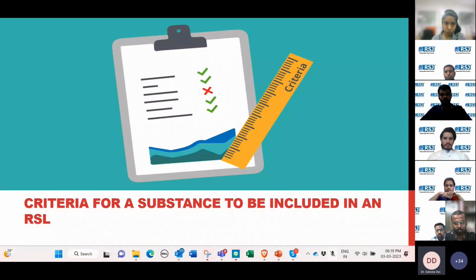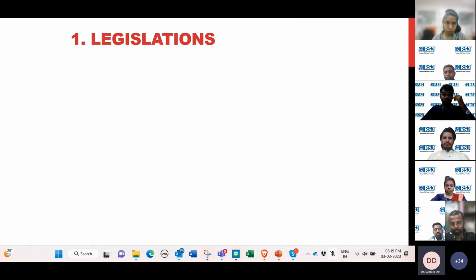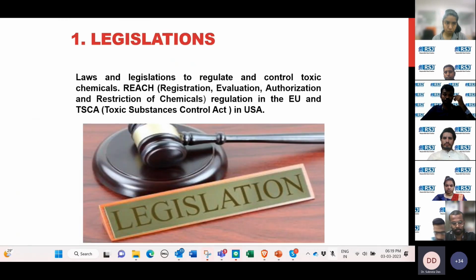The criteria for a substance come from legislations, as I already told: the REACH regulation, which stands for registration, evaluation, authorization and restriction of chemicals, regulated by Europe, and the Toxic Substances Control Act in the US. So that also comes under this legislation.